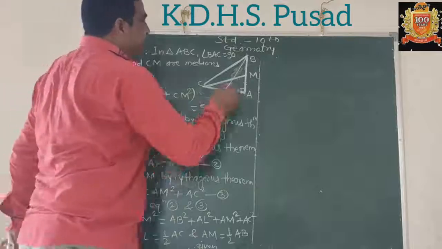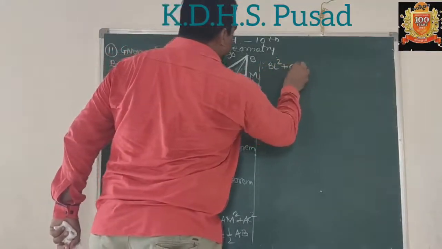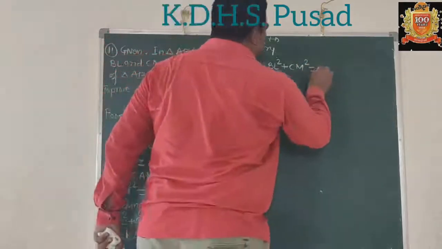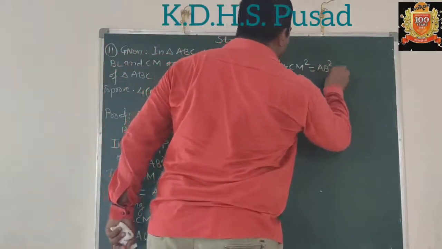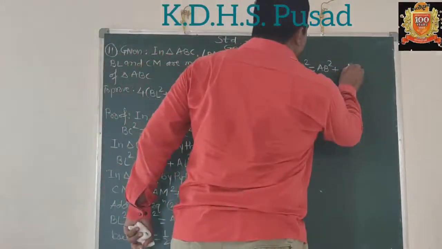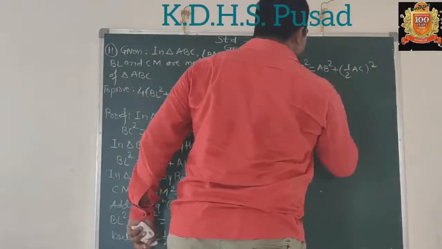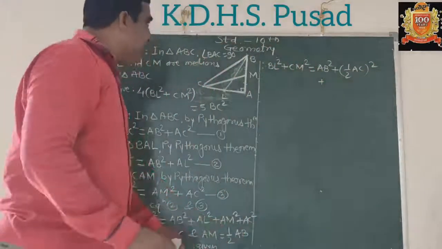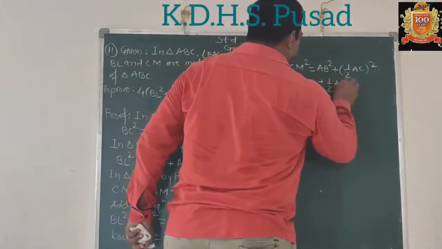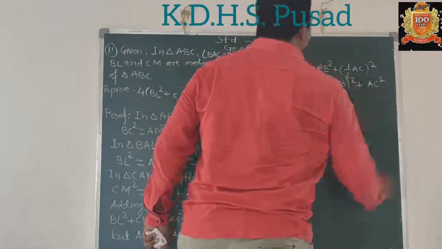So you will get, therefore, BL square plus CM square is equal to AB square plus AL square, put the value of AL, half of AC, (half of AC) square, plus AM square, that is (half of AB) square, plus AC square.